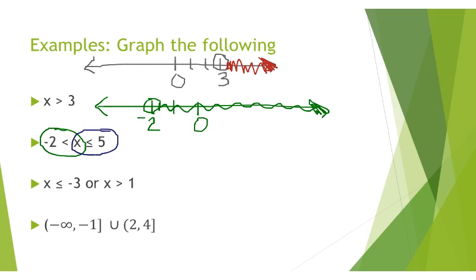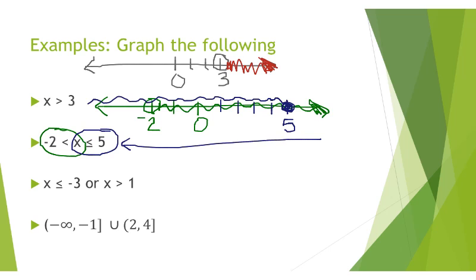Also, x is less than or equal to 5. And my actual solution to my inequality is where the two overlap, which is between -2 and 5. Not including -2, but including 5.